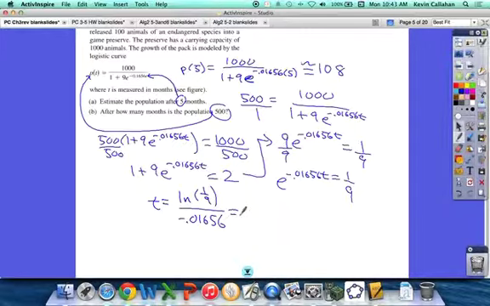You're dividing by a negative here, but it's a logarithm of a number which is less than 1, which means it's going to have a negative value too. So a negative over negative will give us a positive t. ln of 1 divided by 9 divided by negative 0.01656 is 132.683, I'll call it 133 months.